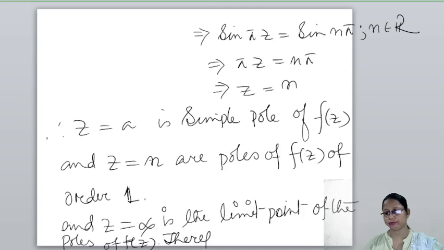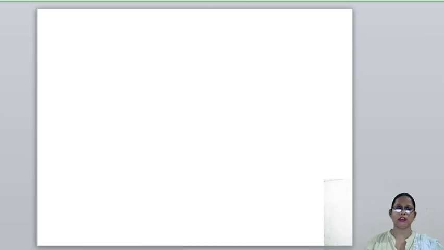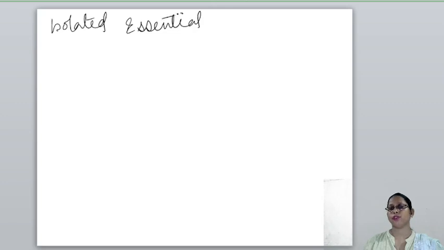Therefore z equal to infinity is a non-isolated essential singularity.